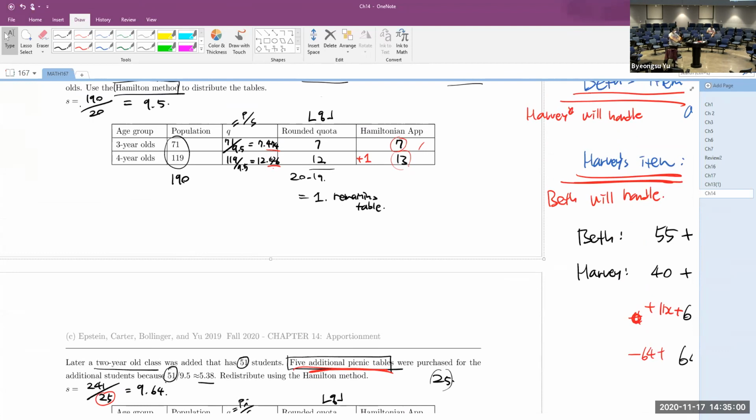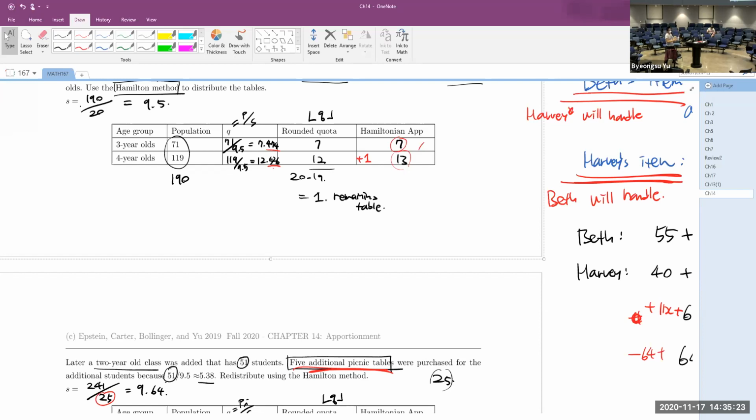So maybe it can be chosen politically. The Hill-Huntington method was definitely chosen politically, because there are lots of states that got a disadvantage from the Hamilton method. That's why Congress actually adopted the Hill-Huntington method to avoid such paradoxes.